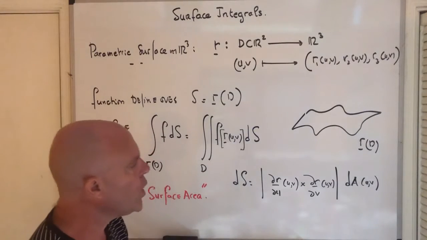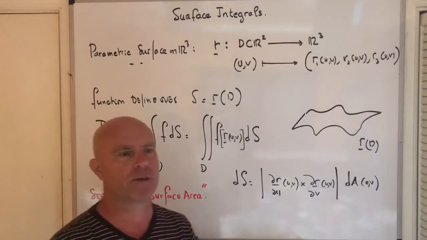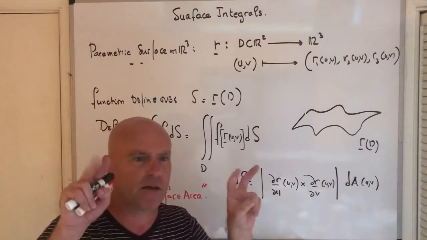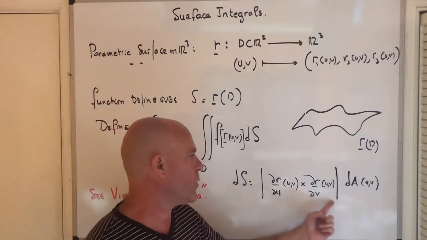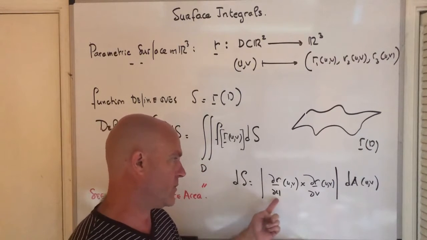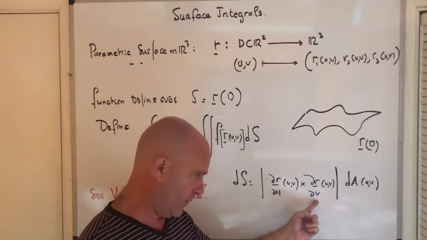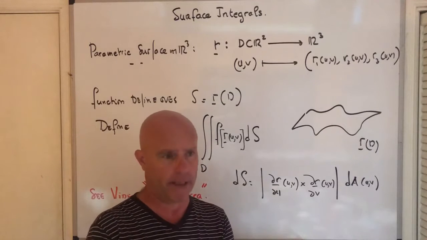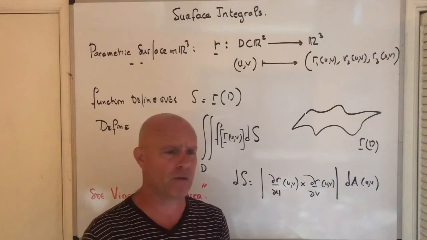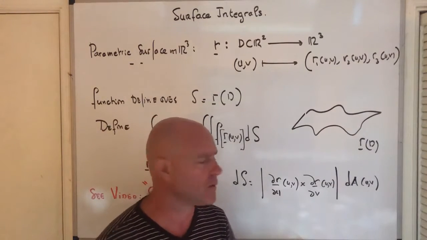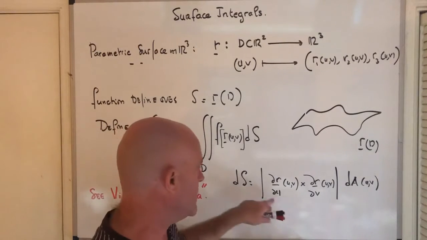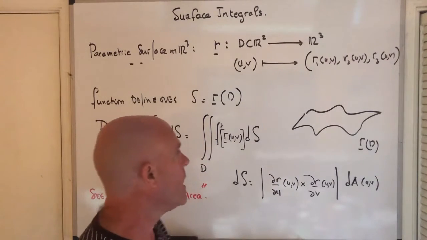What we will need to make sure is that we don't have what we call singularities. We will not want to have the partial derivative of r with respect to u and the partial derivative of r with respect to v to be collinear. Otherwise, we have a singular manifold. So this quantity we want to avoid being equal to 0.